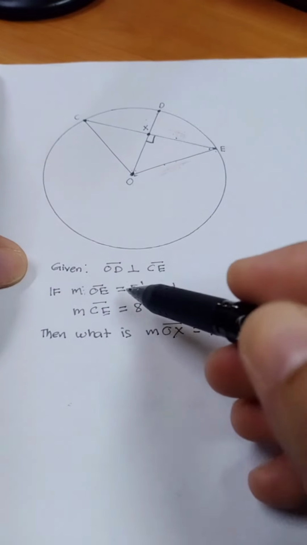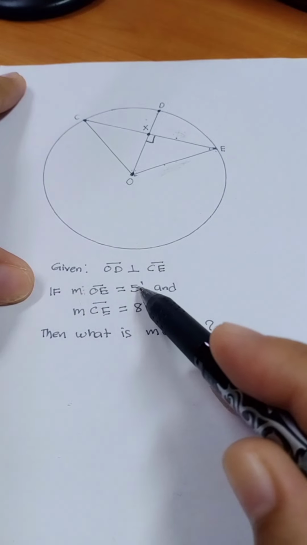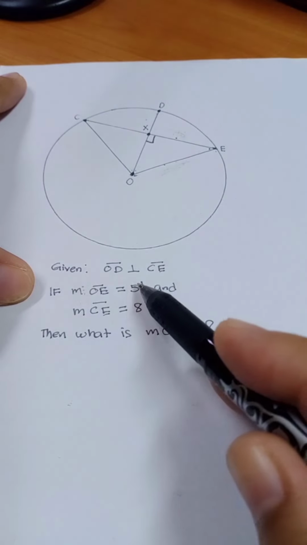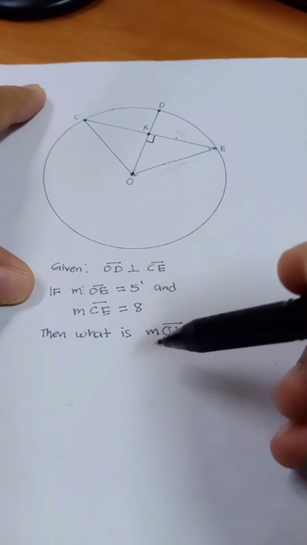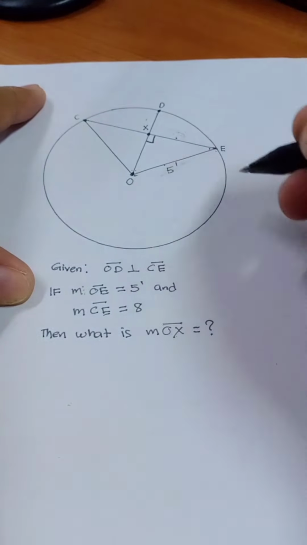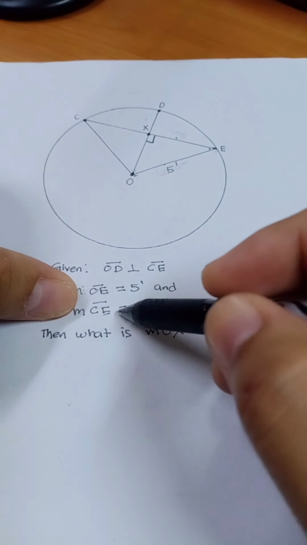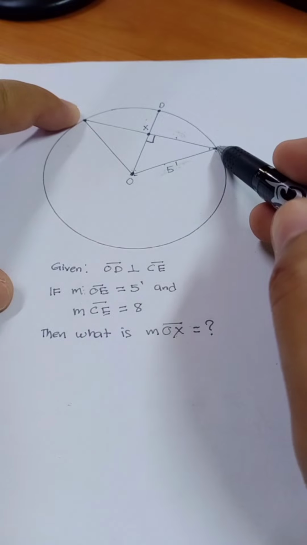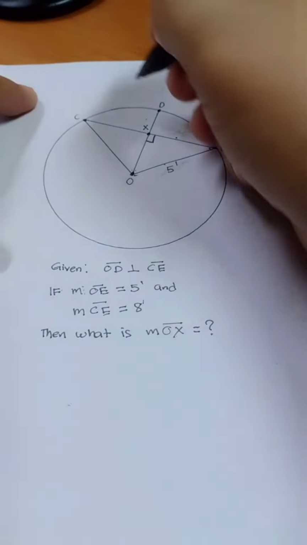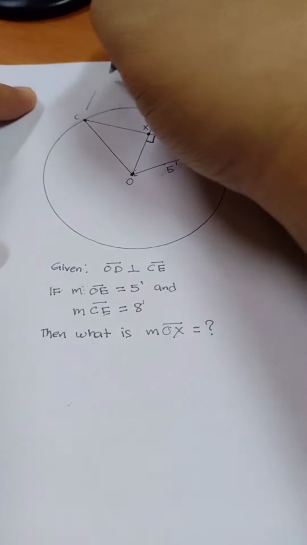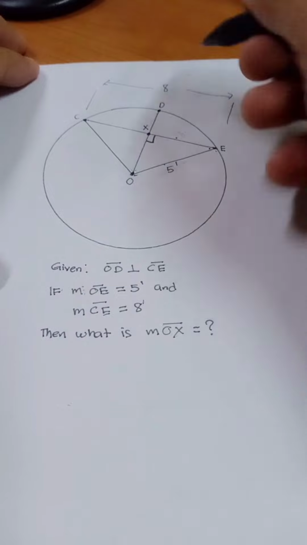Let's read first the other givens. The measurement length of OE is 5 inches. So where is OE? OE is equal to 5 inches, so let's indicate its value. And the length of CE is equal to 8 inches.